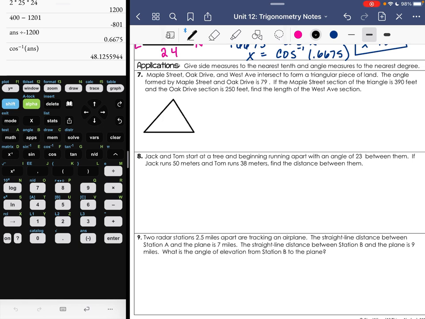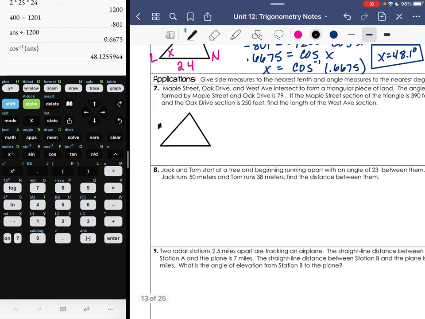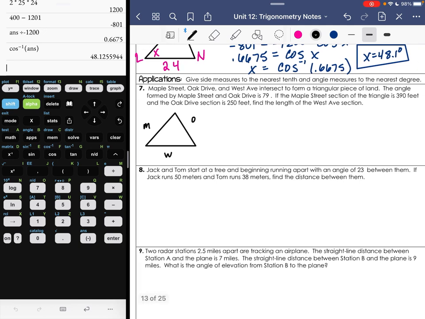Okay, so I'm going to say that this is Maple, and this is Oak, and this is West Avenue. So the angle formed by Maple and Oak is 79. So this one is 79. Maple Street is 390.